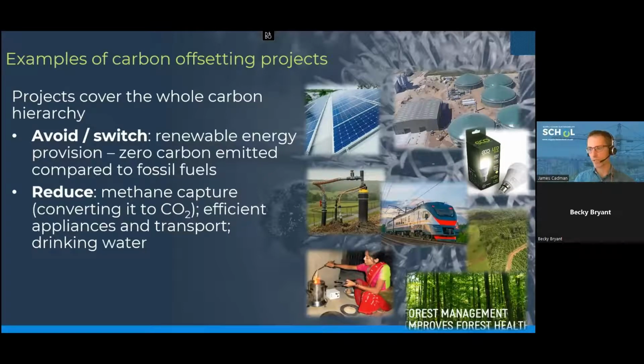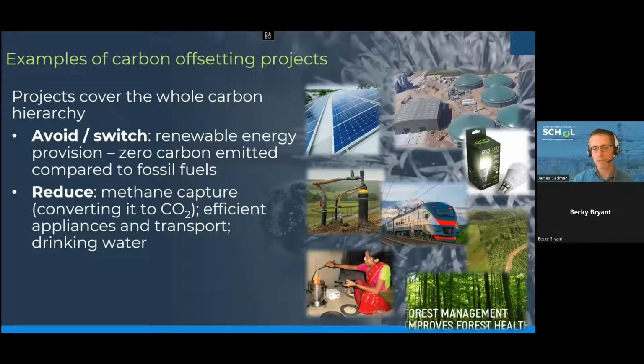There are some good examples here with efficient cooking appliances. This is probably one of the most common ones, where you take a dirty cooking system that uses wood and poor low quality fuels, and you move to a more efficient, cleaner cooking system. You reduce your carbon emissions, you avoid certain carbon emissions. You also have that reduced air quality impact as well, and the health benefits that go with it.